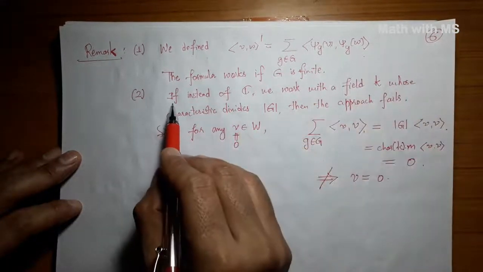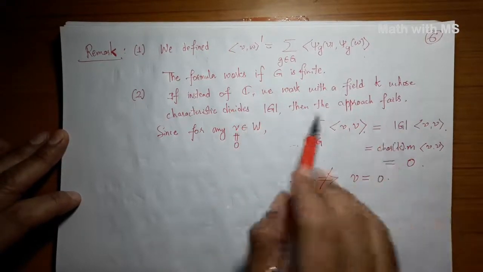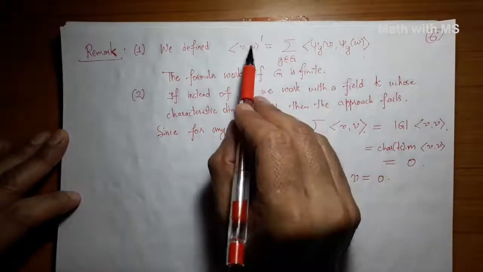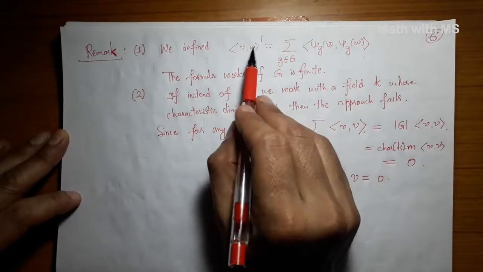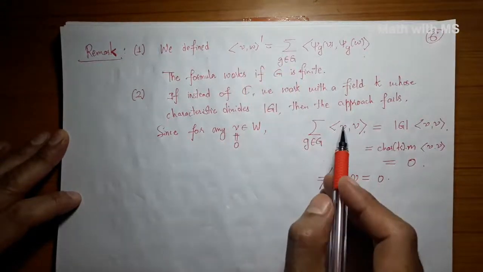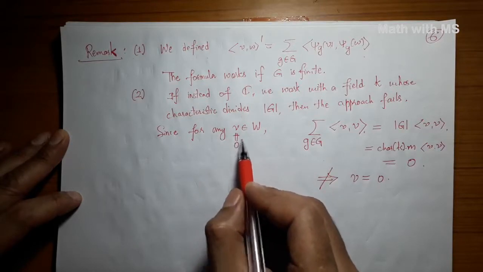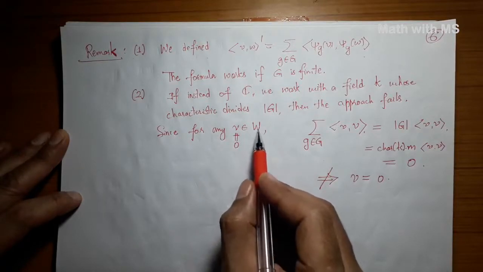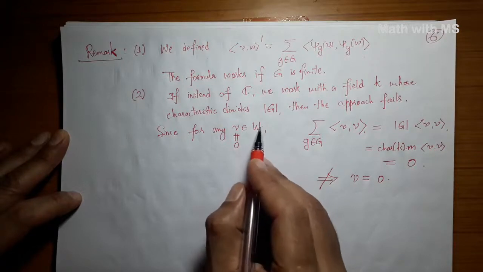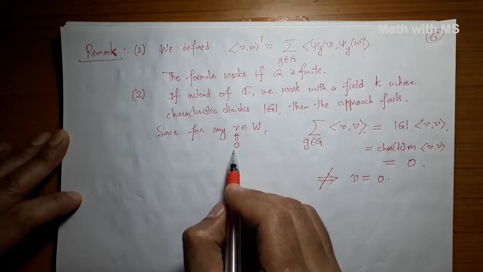The second thing is, if instead of the field of complex numbers you work with a field whose characteristic divides the order of the group G, then this approach will fail. This new so-called inner product will fail to be an inner product. Why? Take a non-zero vector v in the vector space which is fixed by all group elements.